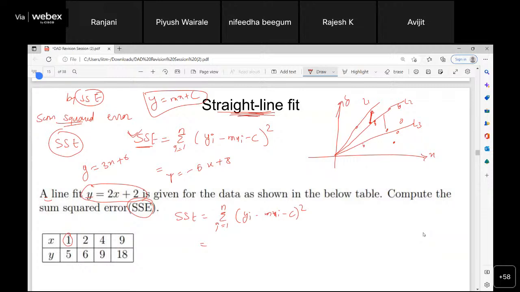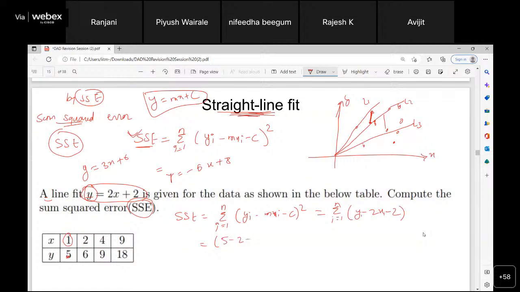So when x equals 1, what is the value of y? Here you can see y is already given, it is 5, and here you have to put x in. So let me generalize it: that is y minus 2x minus 2, that is yi minus the line value at xi, right? So when x1 equals 1, my y is 5.